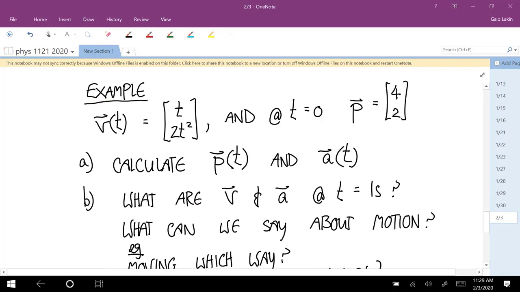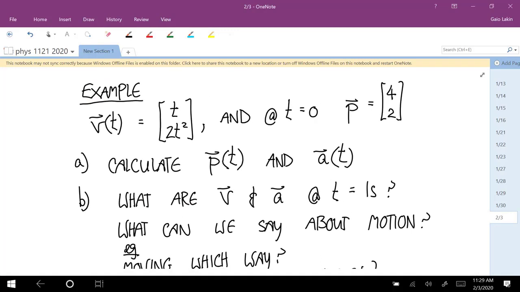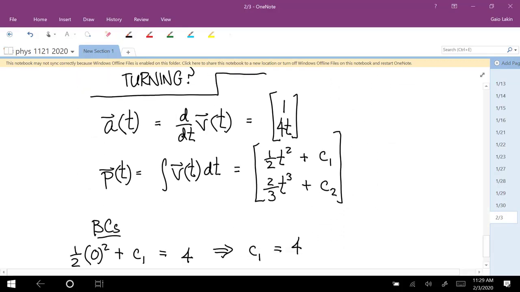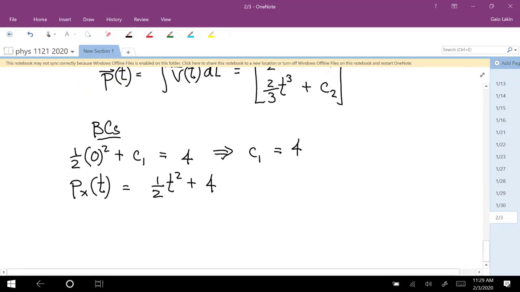And now we'll do it for the y equation. The y equation says set t equal to 0, set py equal to 2. So 2/3 of 0 cubed plus C2 is equal to 2.